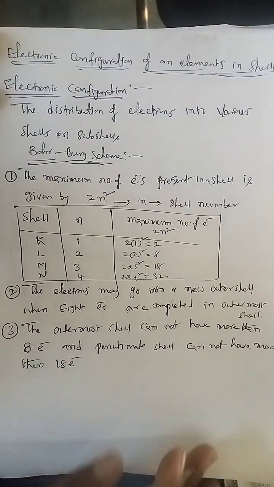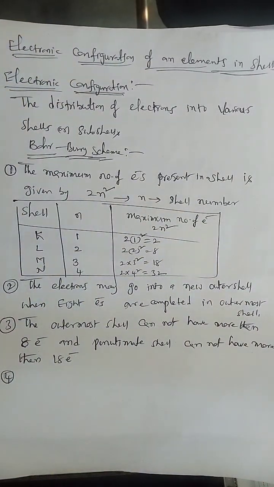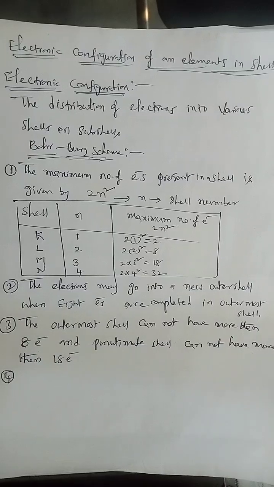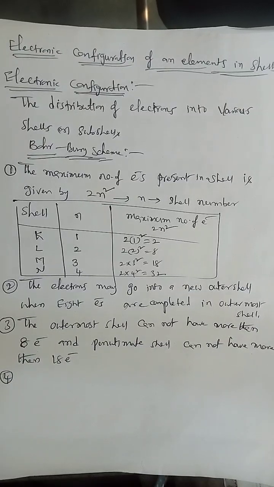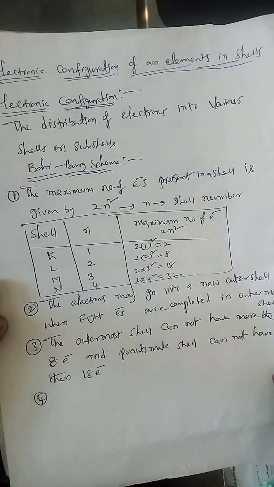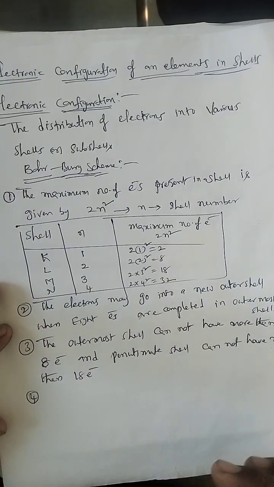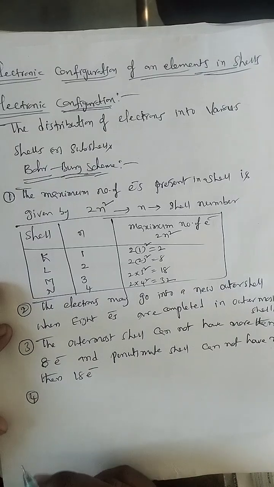And the last point: the outermost shell cannot have more than 2 electrons, and the penultimate shell cannot have more than 9 electrons.